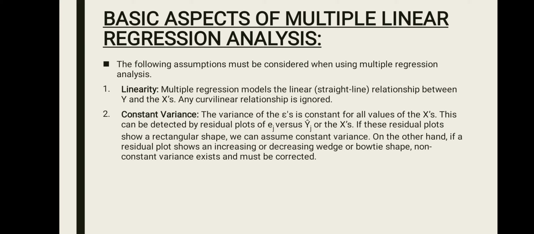This can be detected by residual plots of e versus y-hat or the x's. If these residual plots show a rectangular shape, we can assume constant variance. On the other hand, if a residual plot shows an increasing or decreasing wedge or bow shape, non-constant variance exists and must be corrected.